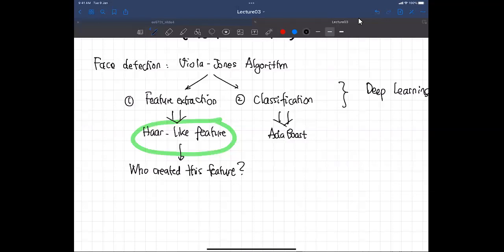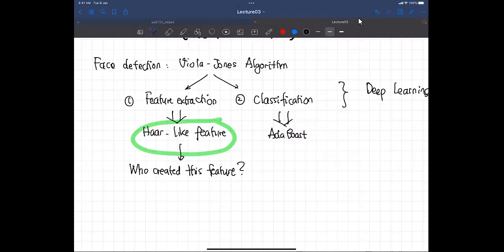But Viola-Jones didn't use all of them. They just used 3 of them. And that's why it's called Haar-like, because it's not fully Haar. Haar, as you can see, is the name of a person. It means that the creation of these features is man-made, created by Haar.